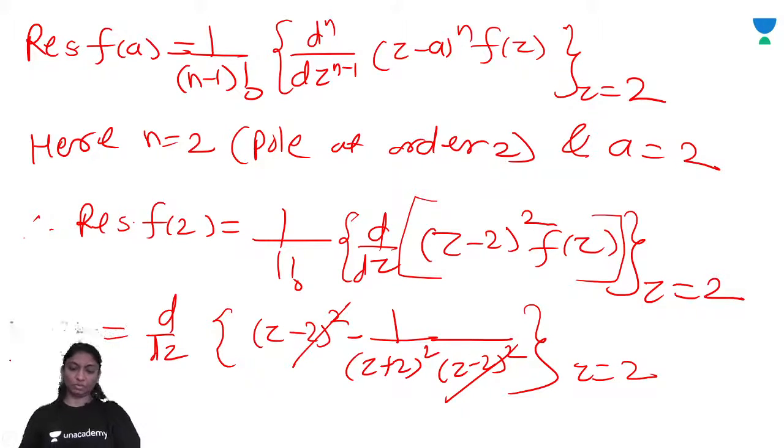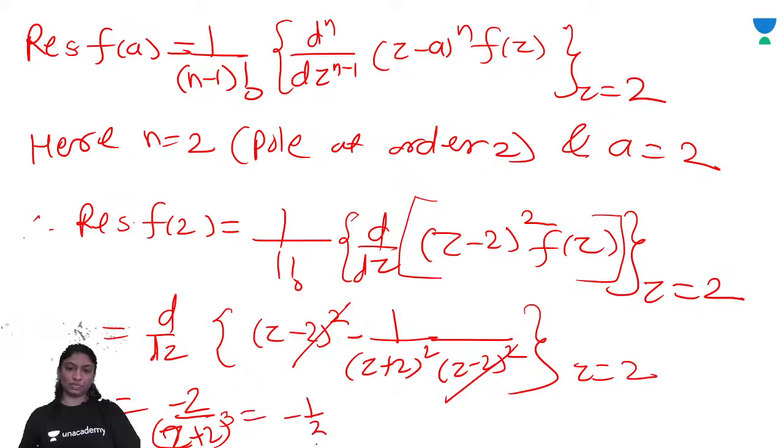At z is equal to 2. Right? Get it here. At z is equal to 2. So minus 2 upon (z plus 2) bracket cube is equal to minus 1 by 32.